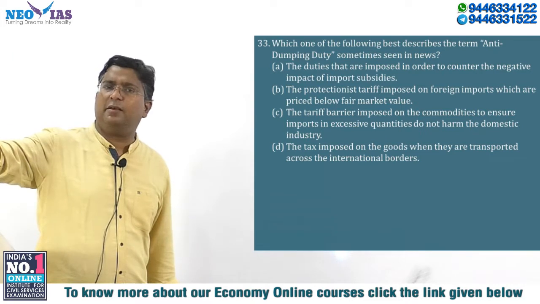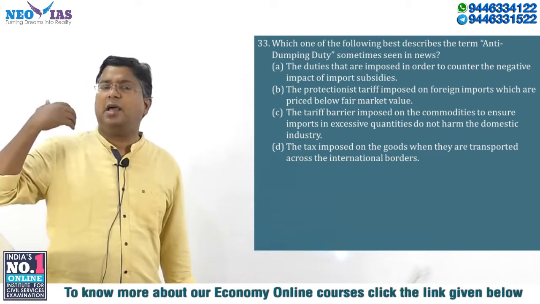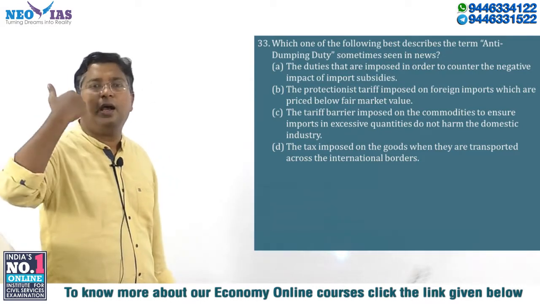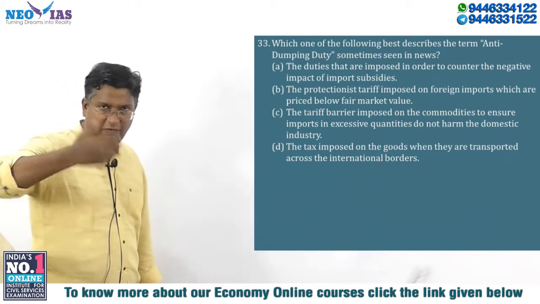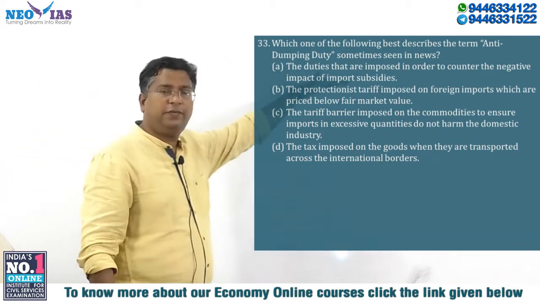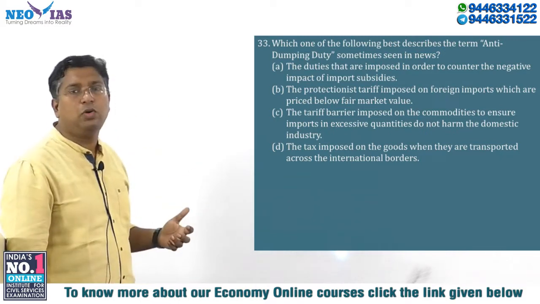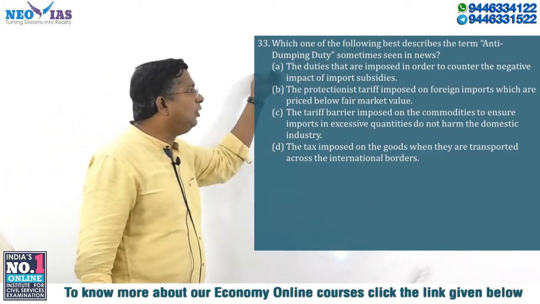For example, when a product is coming from China, if China is giving them subsidy, then in order to counter that impact of subsidy, the government will impose this countervailing duty. So A is the definition of countervailing duty.